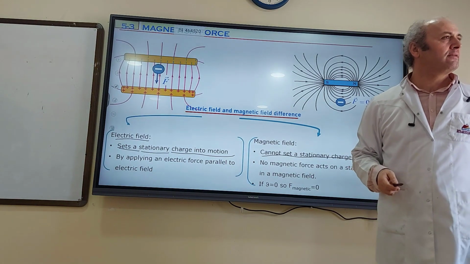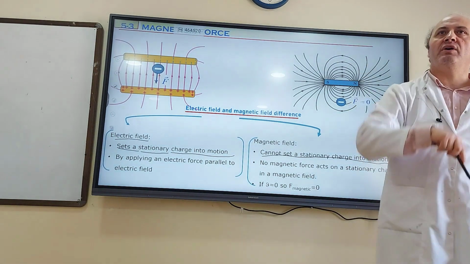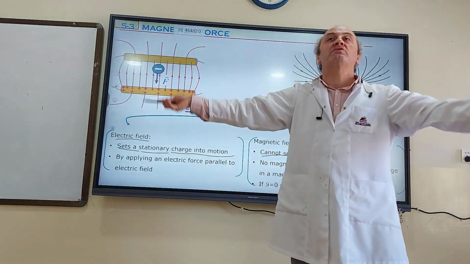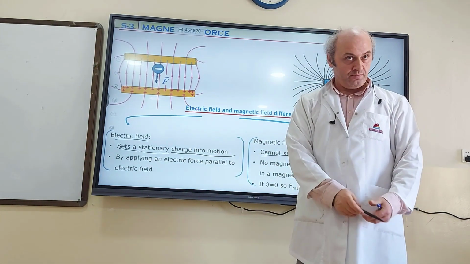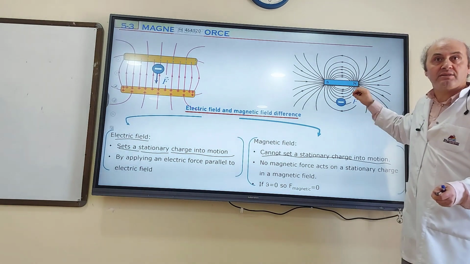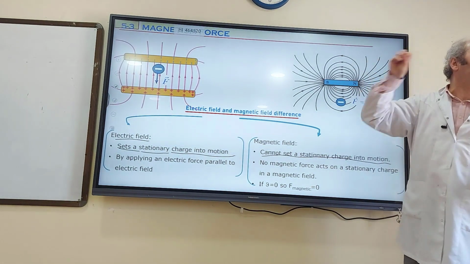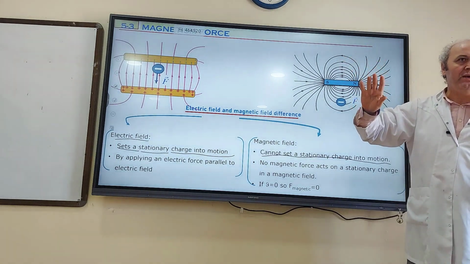Only electric field can. When you put an electron inside an electric field, the electron will start motion. If you put an electron inside a magnetic field, it will stay at that point where you put it infinitely.